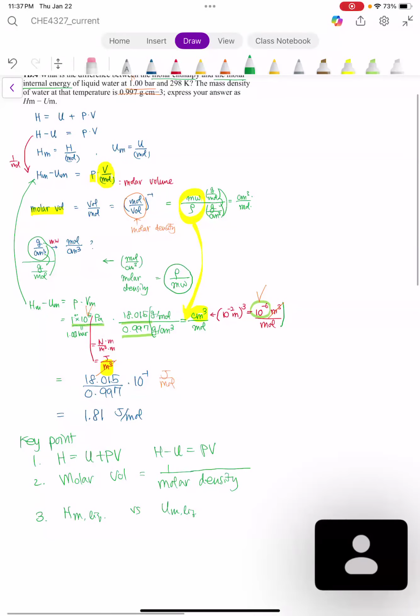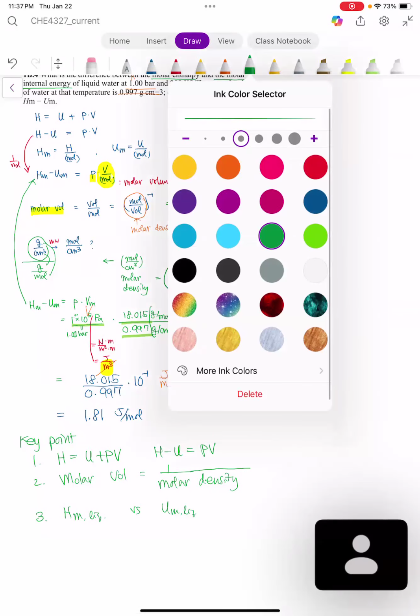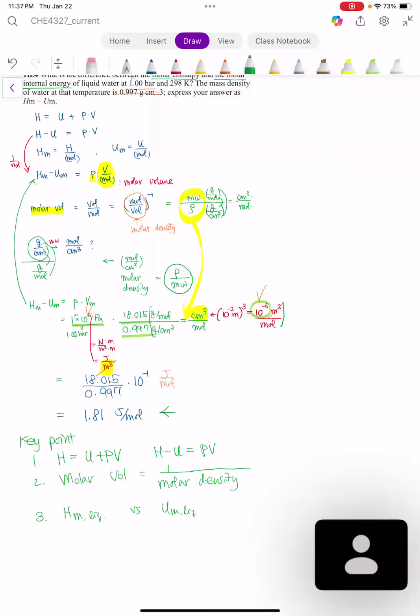This 1 point something joule per mole is a very small number compared with HM and UM. In other words, the difference between these two quantities for liquid water is not that much. This usually is in the order of kilojoule per mole. Compared to kilojoule per mole, 1.81 joule per mole is small.